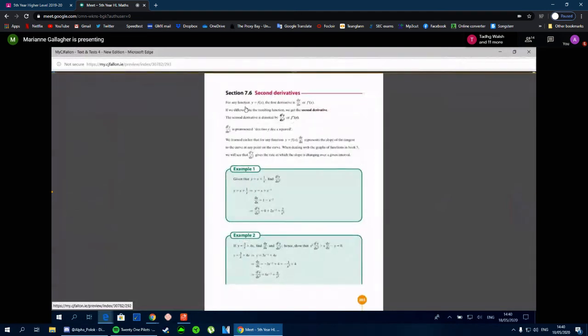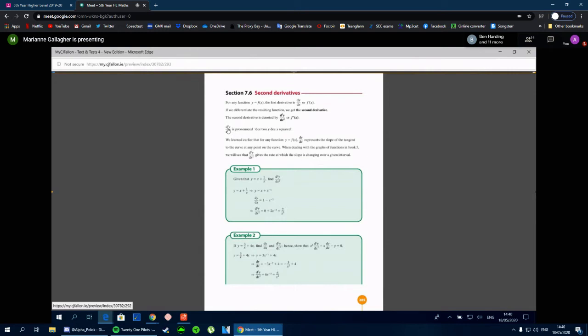So for any function, what we've been doing is deriving it or getting the derivative, finding the derivative, getting dy dx or f dash of x. If we differentiate that, then we get the second derivative. Okay, so you write it as d2y dx squared to show that you've differentiated twice, or f with 2 little dashes instead of 1.